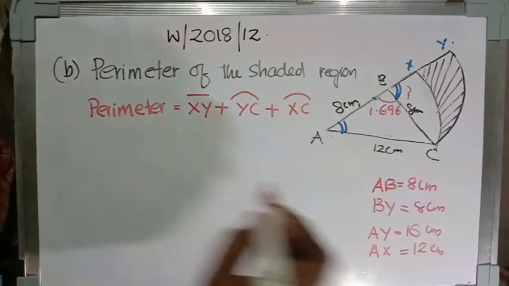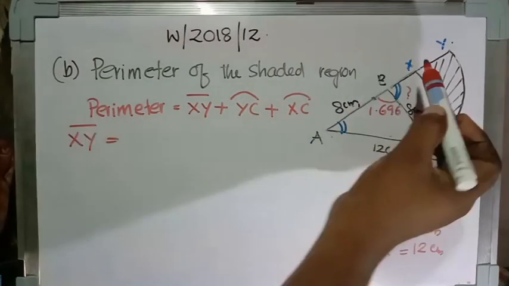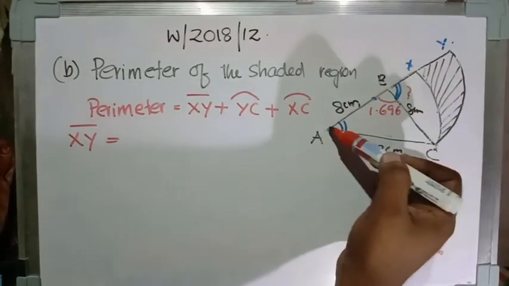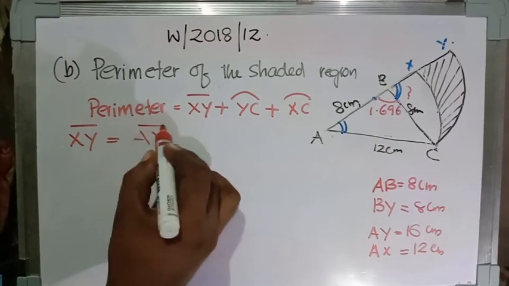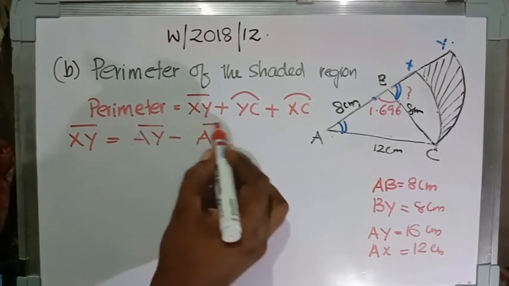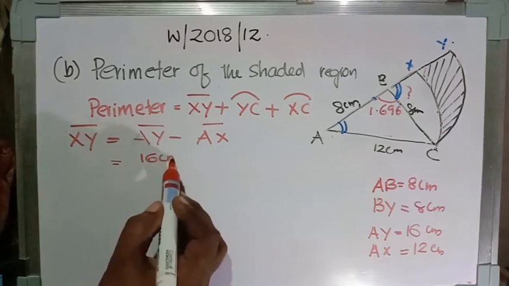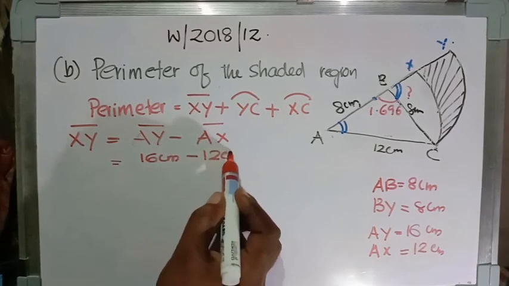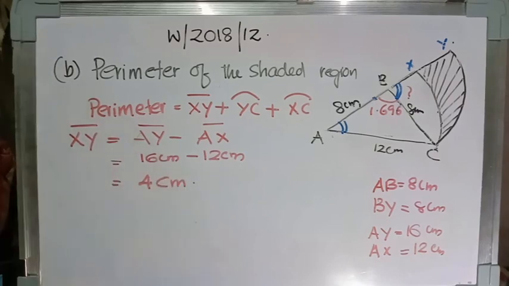So now we can find the length XY is equal to AY minus AX, which is equal to 16 centimeter minus 12 centimeter, that is 4 centimeter. So we got the length of XY as 4 centimeter.